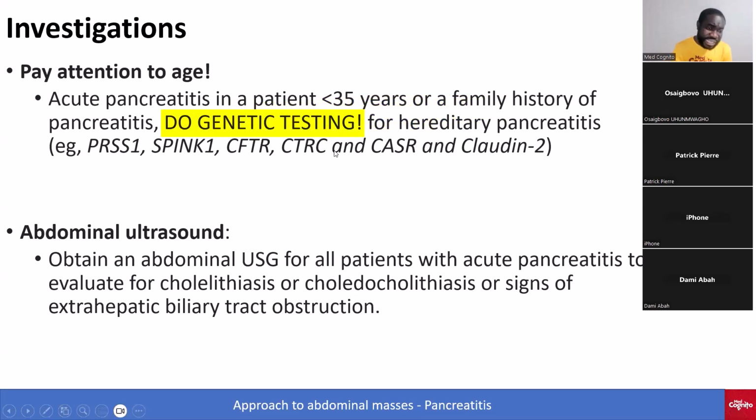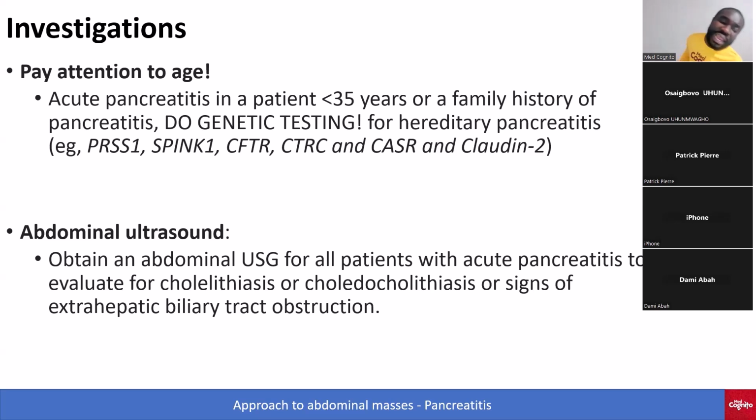Some of the genetic tests are PRSS1, SPINK1, CFTR, CTRC, CASR. The main thing I want you to take home is that if you suspect acute pancreatitis in a patient who is, say, 28, that is not normal. Then what are your next best steps? Also don't forget to do genetic testing as well.